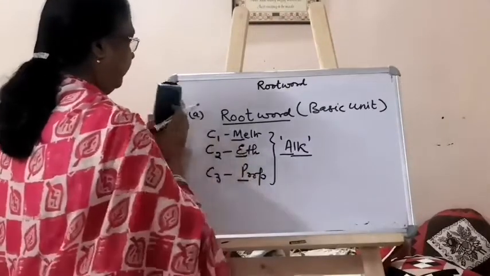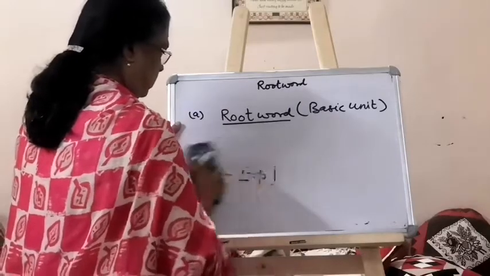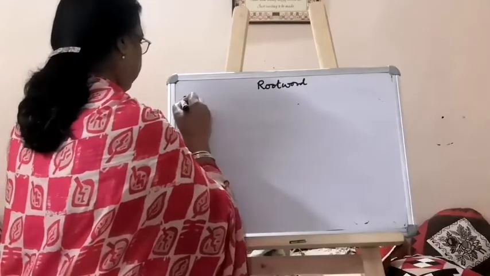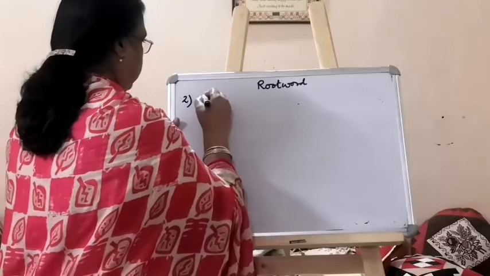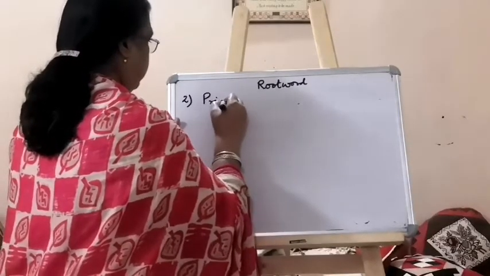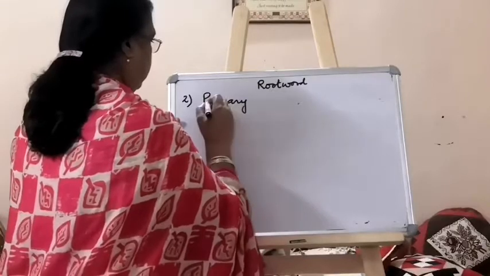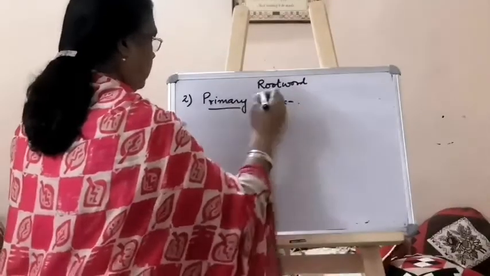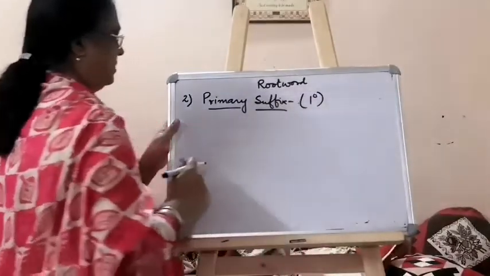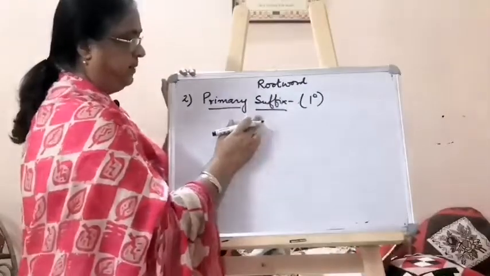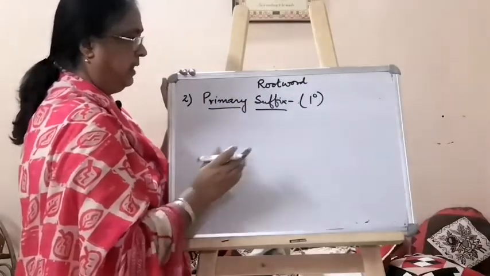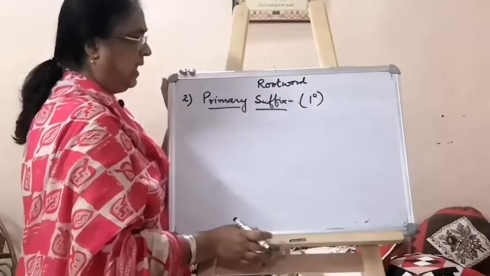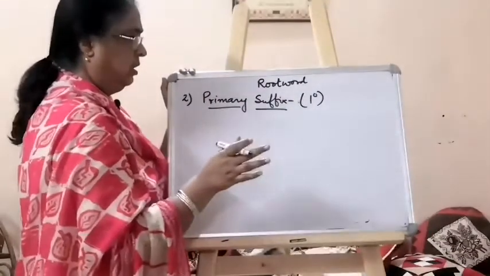Then after finding out the root word, the second basic rule is your primary suffix. Suffix is a group of letters, two letters or one letter or more than two letters, added after the main word.